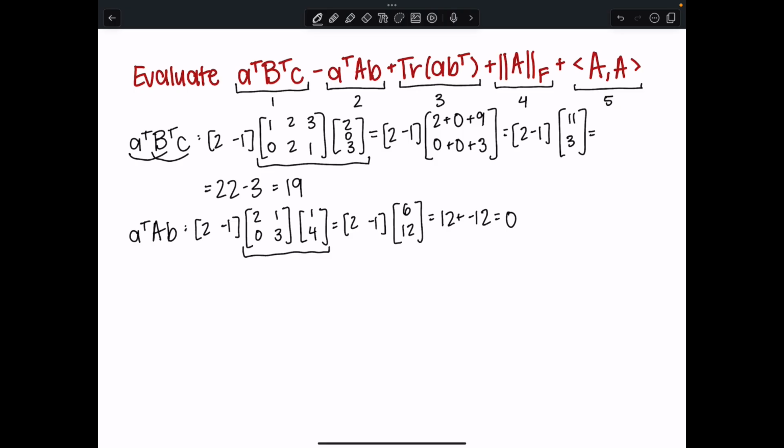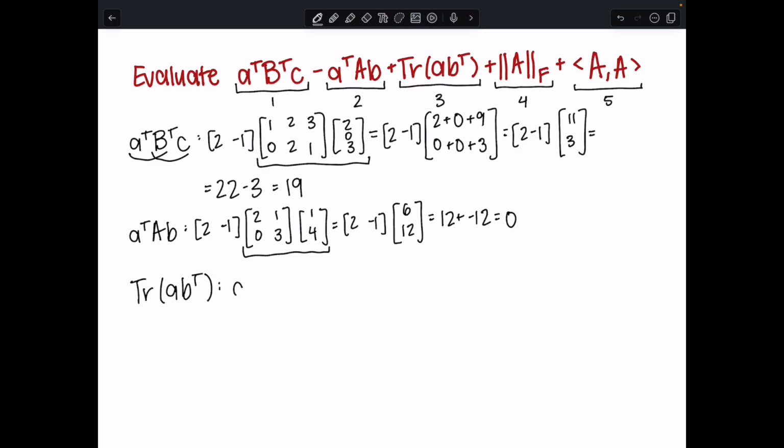So now let's move on to the third component, which is the trace of AB transpose. Now, just a quick refresher on what the trace is. The trace is the sum of the diagonal of a square matrix.